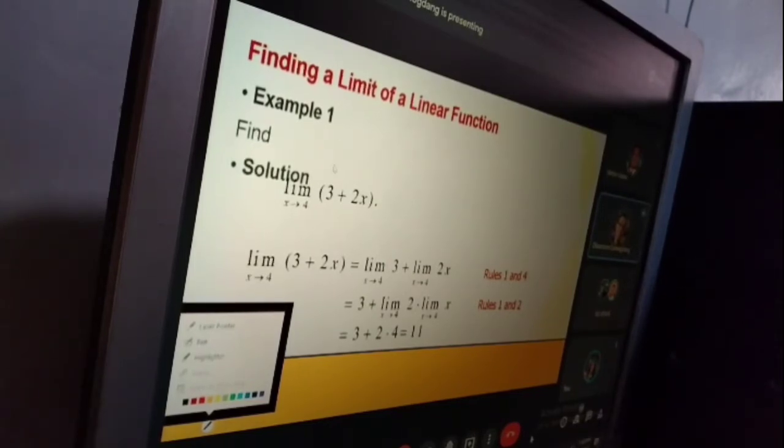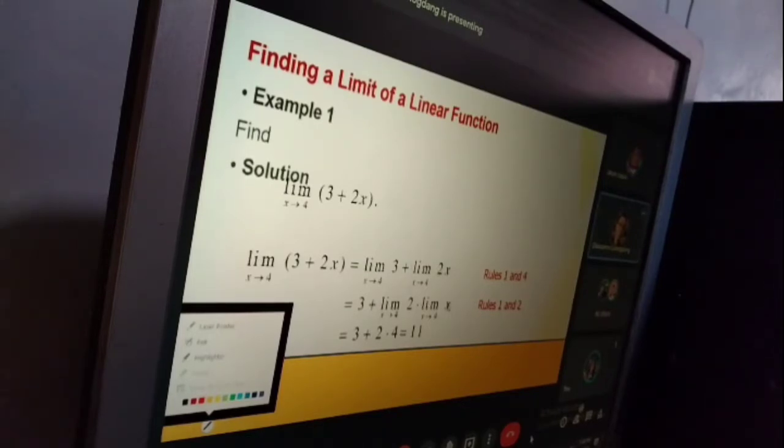So the limit of 3 plus 2x as x approaches 4, this is a sum. We can separate it: the limit of 3 as x approaches 4 plus the limit of 2x as x approaches 4. We know that the limit of a constant is equal to the constant itself. So the limit of 3 is 3, plus the limit of 2x, where we take the 2 out as 2 times the limit of x.